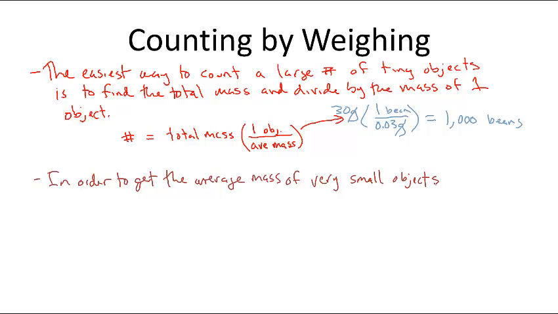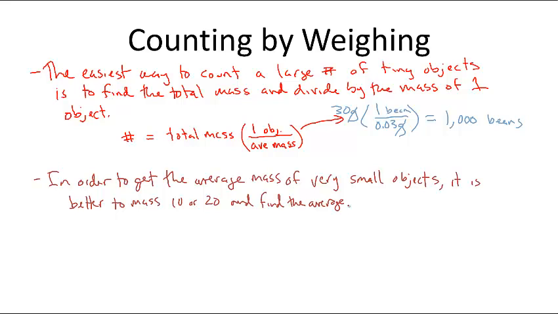It is better to mass 10 or 20 of the objects and find the average that way, especially if the objects are about the same size.